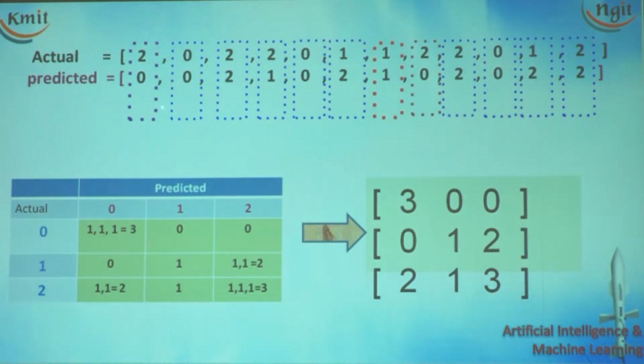Anything else? 2 is predicted as 0. 2 is predicted as 0. 2, 1, 1, 2. Okay. And 0 predicted as 0. How many are there? 1, 2, 3. So this is construction of the confusion matrix.